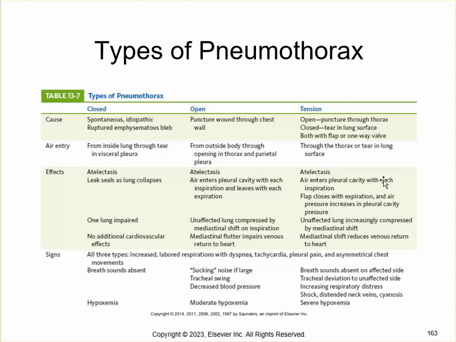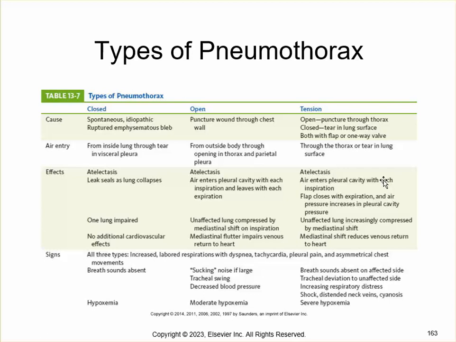When you breathe in, air goes into the pleural space. When you breathe out, the air can't escape. The next breath in, more air goes in. Next breath out, it can't escape. Even more comes in.